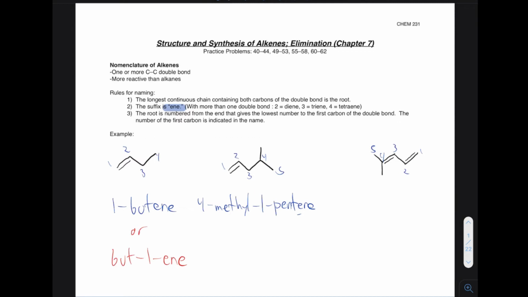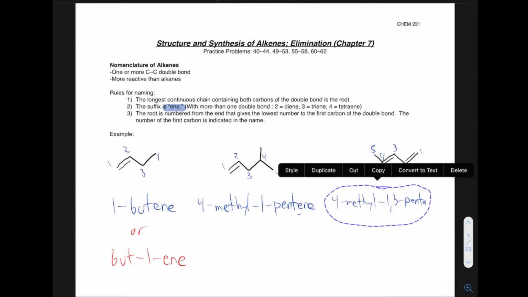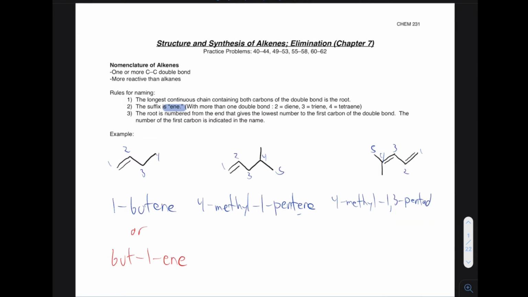And when we try to name this, similarly, we get 4-methyl, but now we have 1,3-pentadiene. Move this over here to give us some more room. Pentadiene. You notice a couple things.